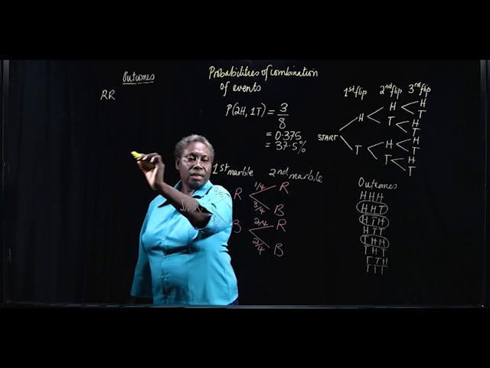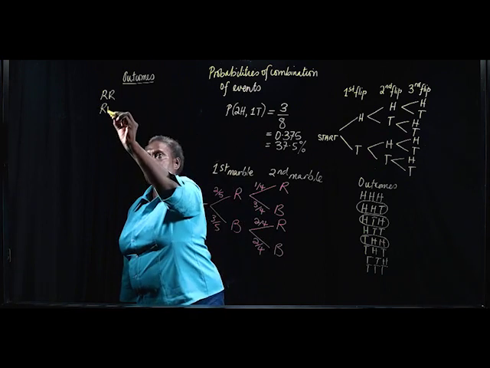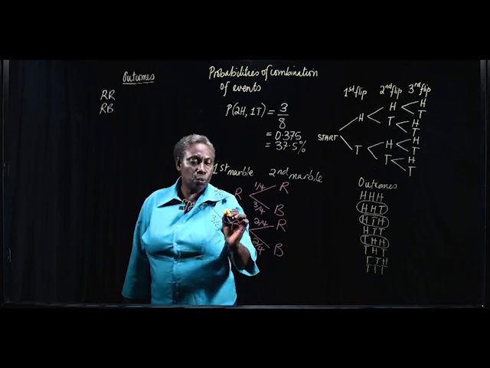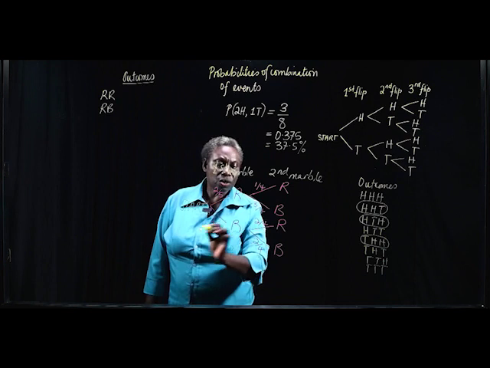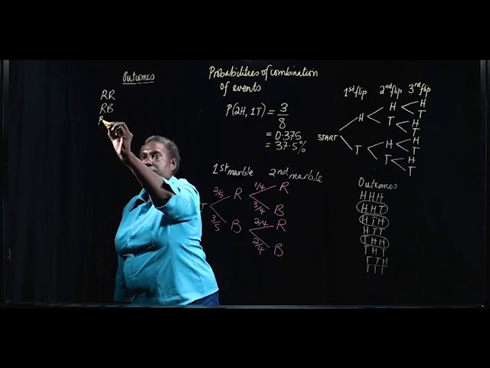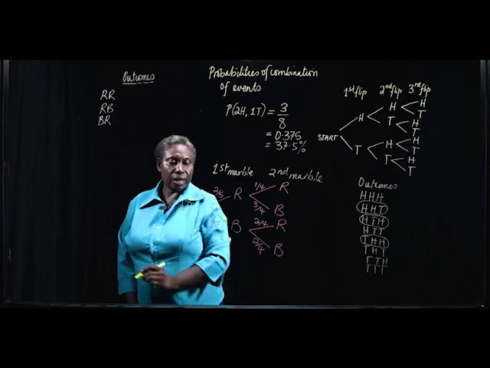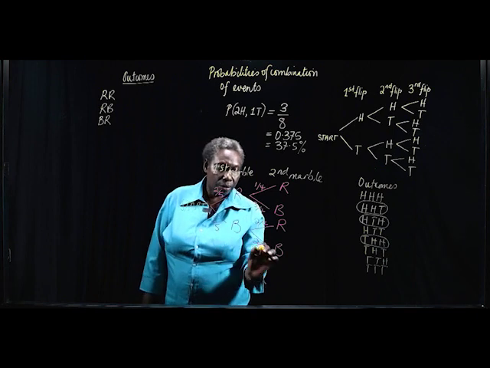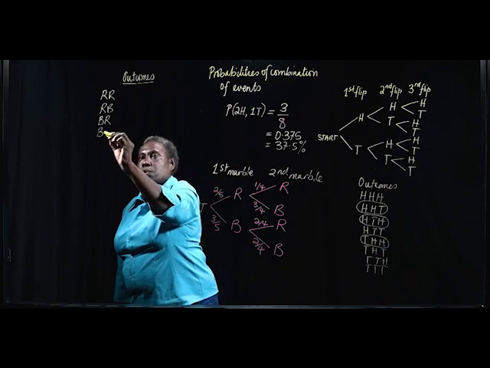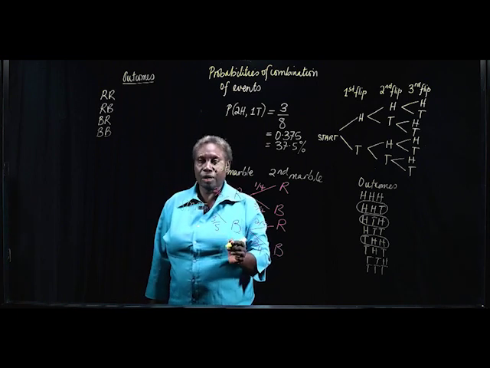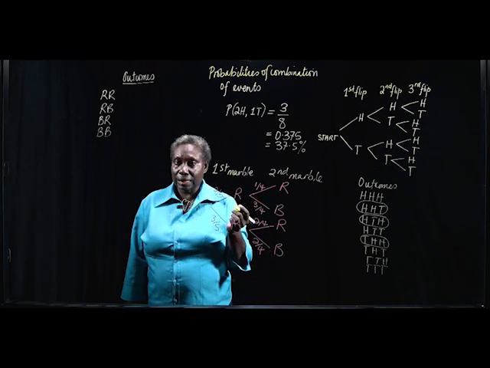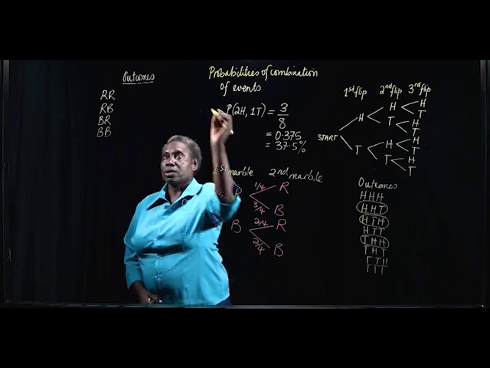The second one is RB, one red and one blue. From the blue branch, I have one blue and one red, and blue, two blues.